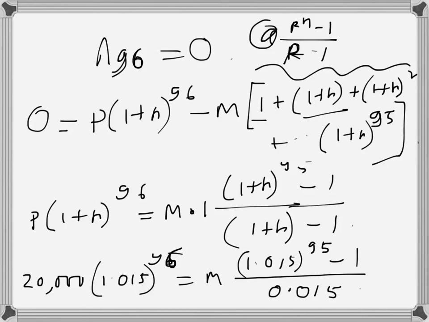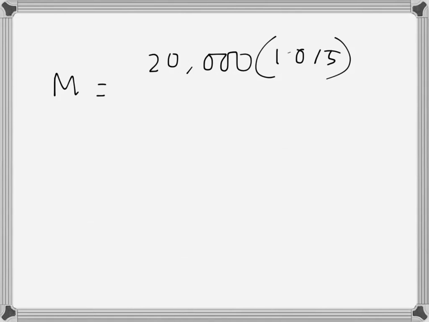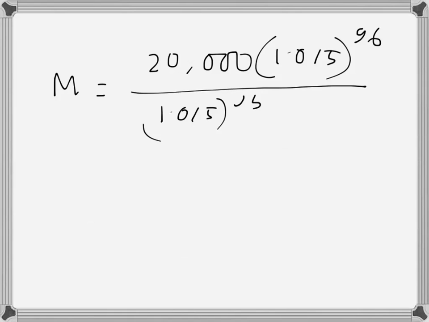If we solve it, of course we will solve for M. So this is 20,000 times 1.015^96 times 0.015, over 1.015^96 minus 1.